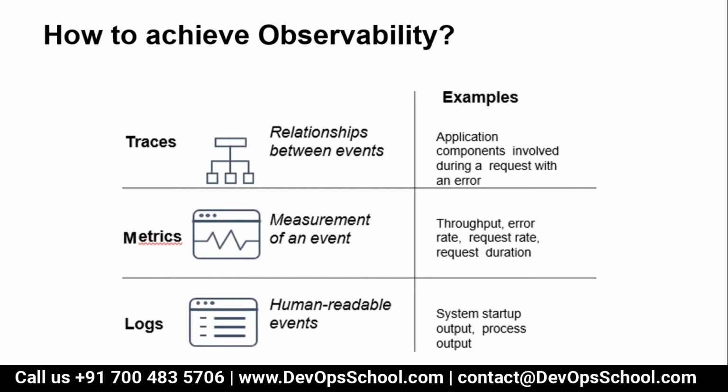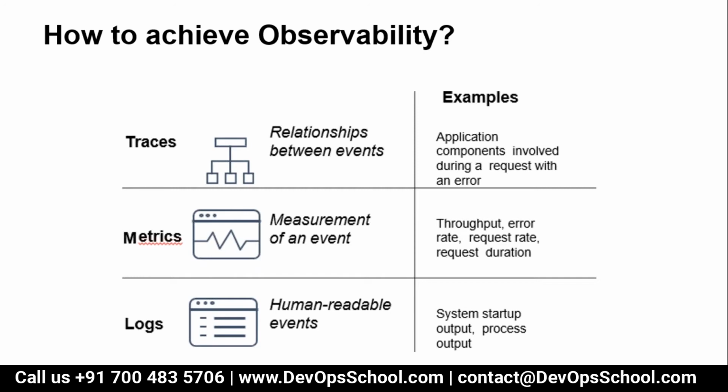Okay, so you see here how to achieve observability. Here you have traces, which talk about the relationship between events. Examples would be the application components involved during a request with an error. Metrics are measurements of an event: throughput, error rate, request durations and all.